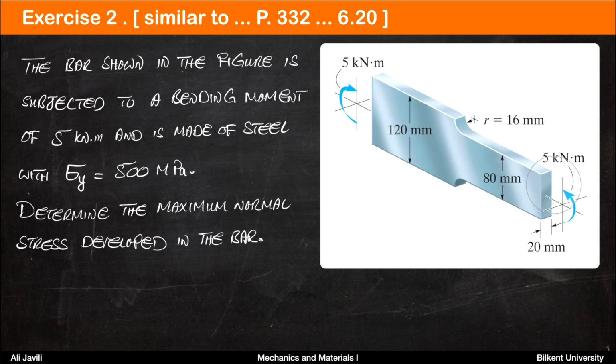The cross-sectional area, as you can see, is not uniform, so you would have a stress concentration in the vicinity of this area. So you need to calculate the maximum stress in the smaller part, then multiply that by the stress concentration factor to get the maximum stress.